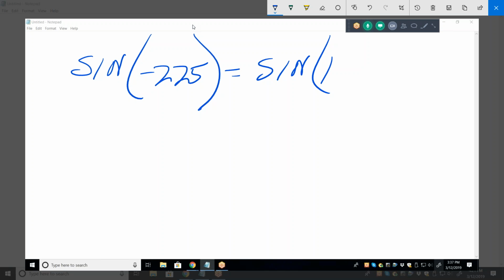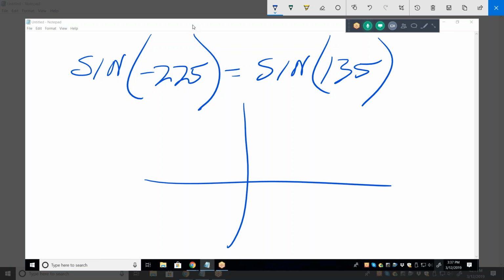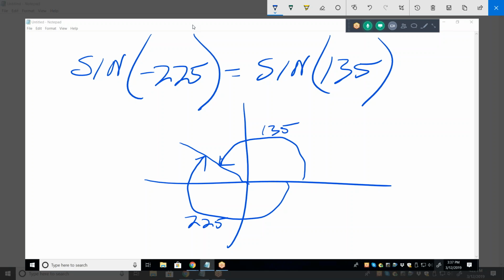So it's the same as that, right? In other words, here, I'm going to draw the unit circle. I'm going to go 225 clockwise. That's the negative angle, 225. Well, that's going to be the same as this positive angle, which is 135. They're going to have the same answer always.